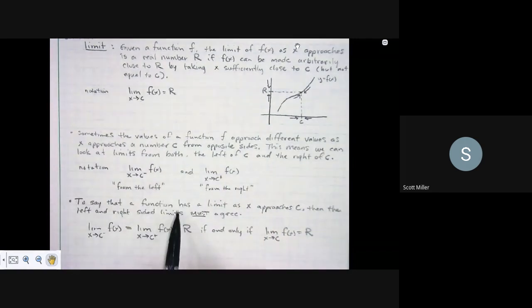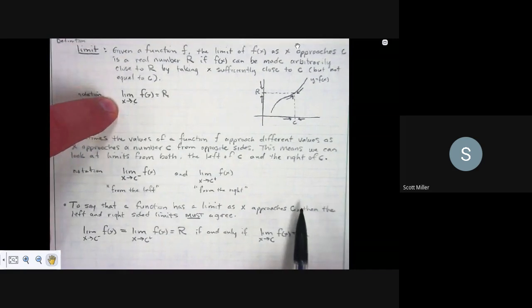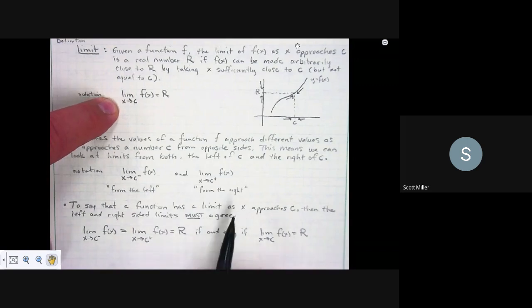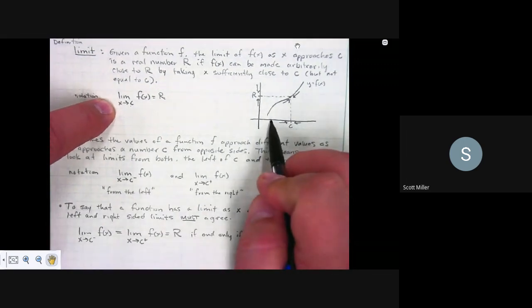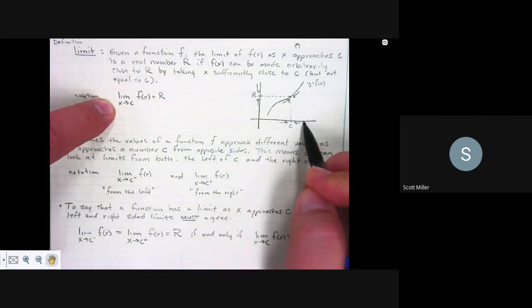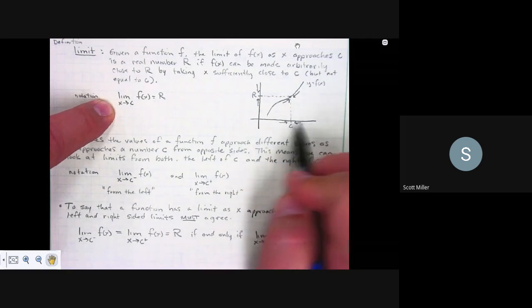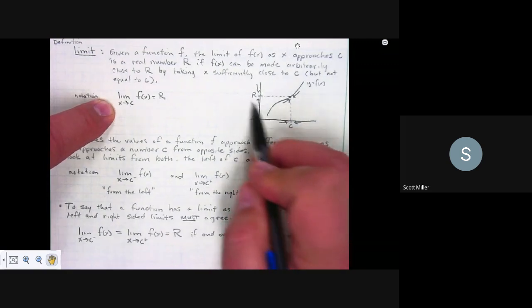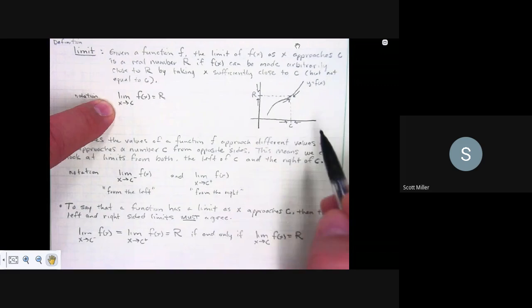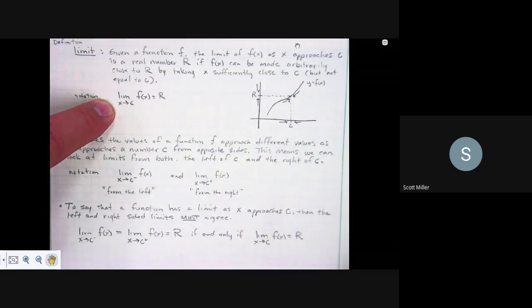To say that a function has a limit as x approaches c, now with no plus or minus signs, the left and the right side limits must agree. Since I can look at things from two directions, when you talk about a limit, you look at it coming from the left, and you look at it coming from the right. If those two limits agree and they are approaching the same y value, then we say that the limit does indeed exist, and this is what it refers to right here.